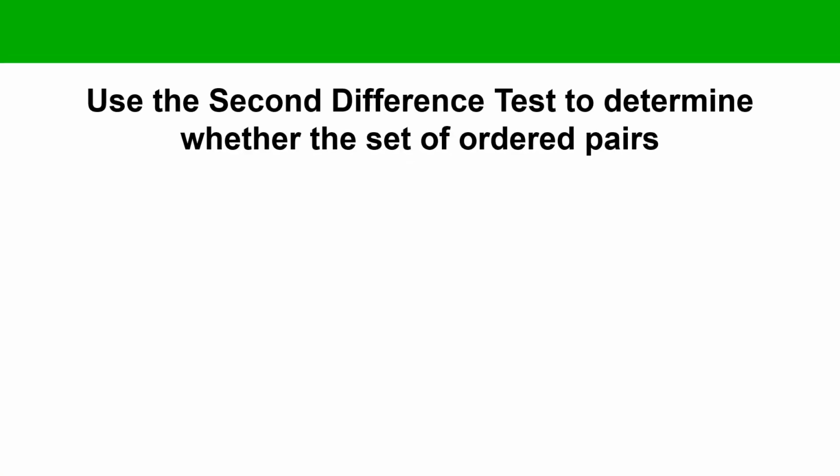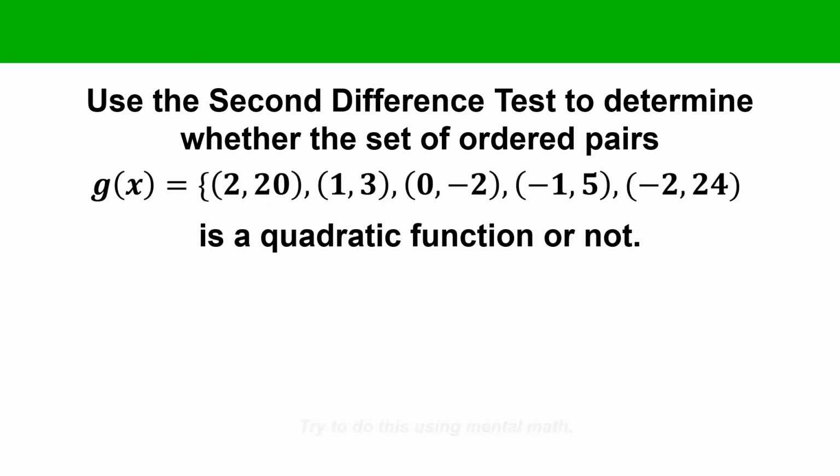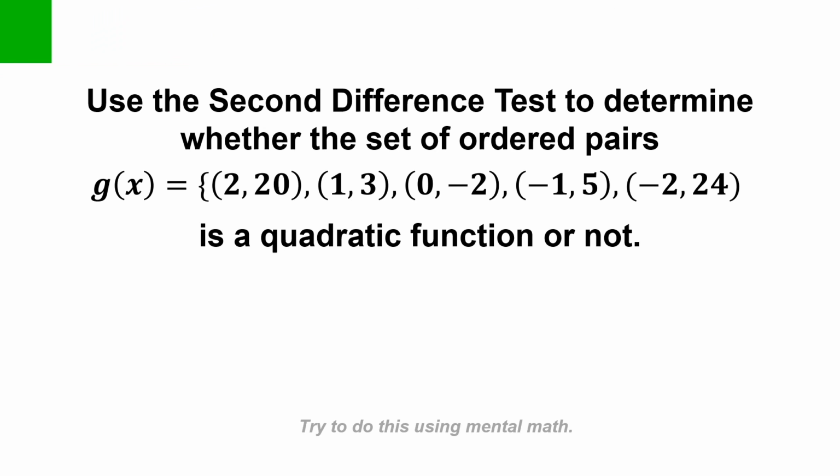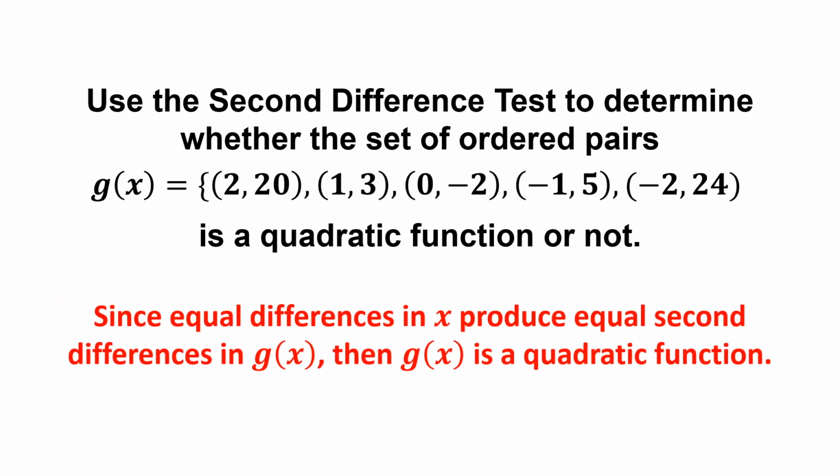Use the second difference test to determine whether the set of ordered pairs g of x is a quadratic function or not. Since equal differences in x produce equal second differences in g of x, then g of x is a quadratic function.